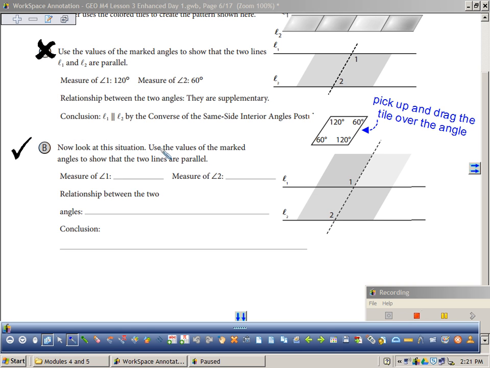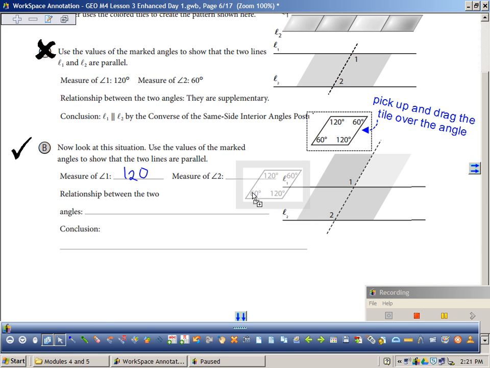So let's start here. Now let's look at the situation. Use the values of the marked angles to show that the two lines are parallel. What's the measure of angle 1? Here's angle 1. I'm going to use this nifty little shape here and match up the angle. 1 is 120. Good. 120.